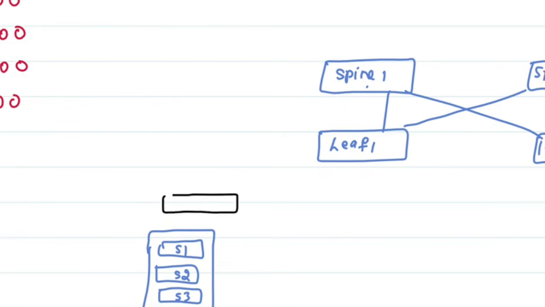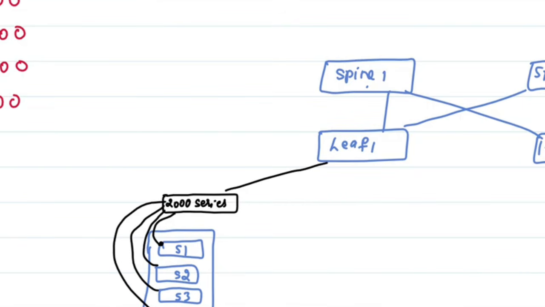So that's where the FEX or Nexus 2000 series came into the picture. What I will do is add one 2000 series switch on this rack. All of the servers are connected to this, and this Nexus 2000 series is connected to leaf one. In this case, this switch is known as the parent switch. That's why I said servers without the full control plane, because on this Nexus 2000 series we can't make the configuration.